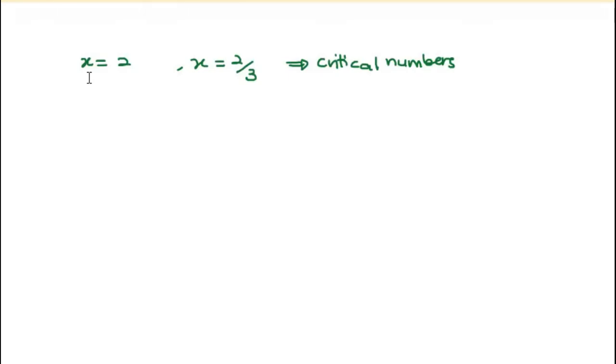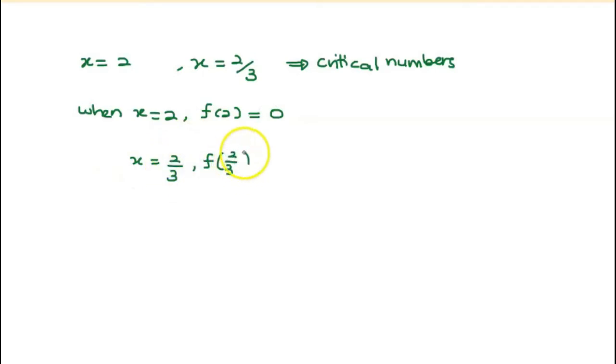For every x obtained in this question, we need to find the corresponding y values. Therefore, when x = 2, f(2) is calculated as 0. When x = 2/3, f(2/3) is calculated as 32/27.